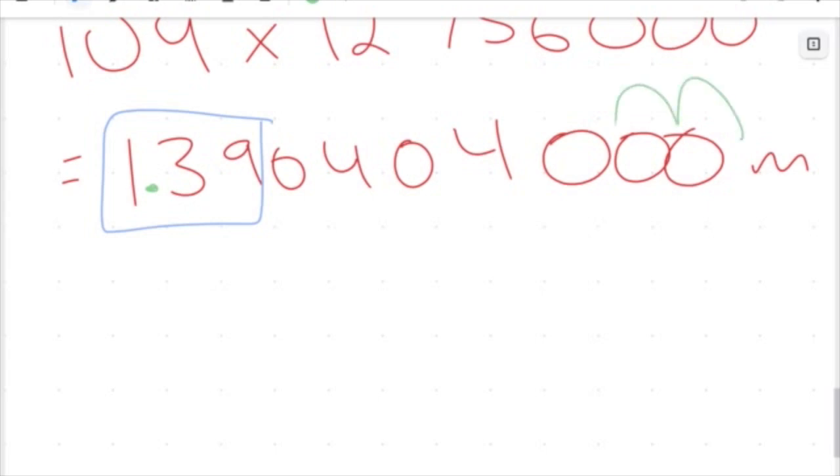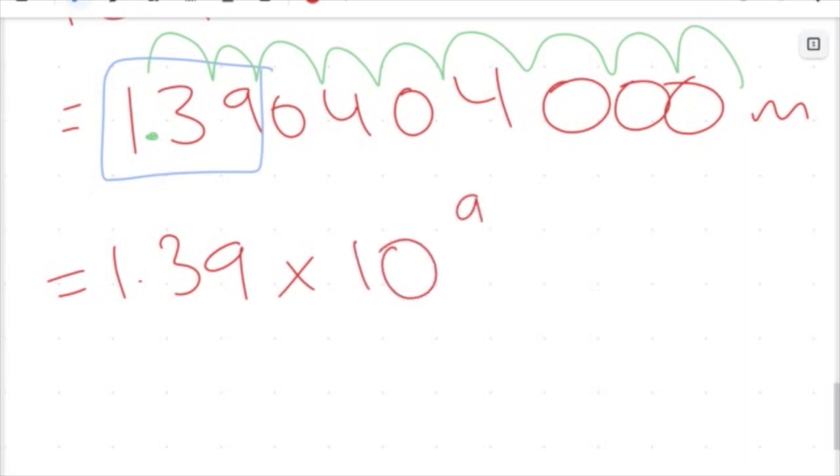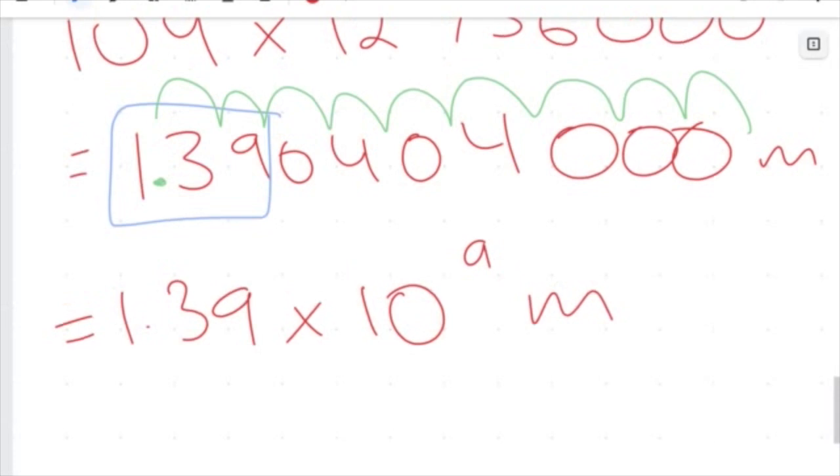So I go 1, 2, 3, 4, 5, 6, 7, 8, 9. So my answer is going to be 1.39, and I'm going to stop here because I want this to 3 significant figures, and I'm going to go 39 because the number to the right of 9 was 0. It's less than 5, so we round down, and this is times 10 to the power of 9 meters.